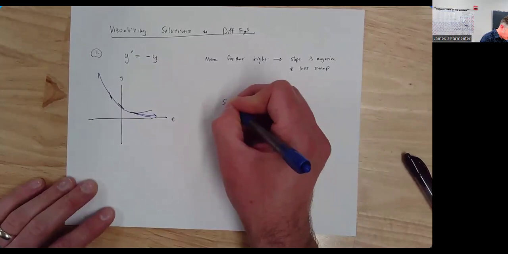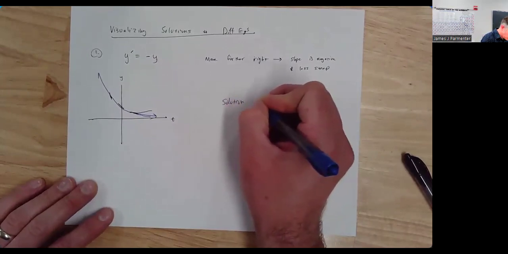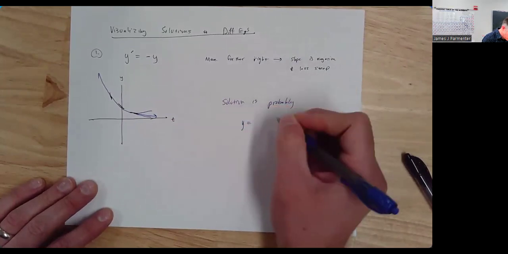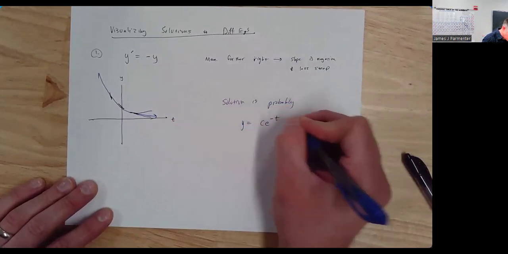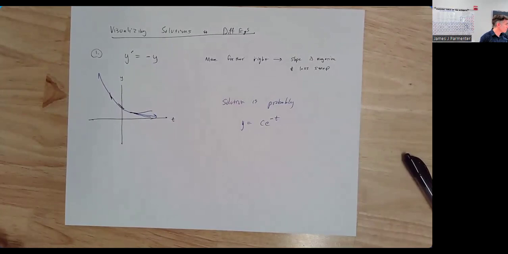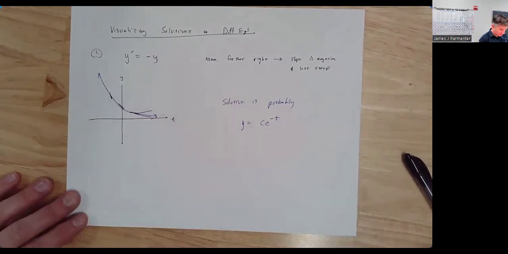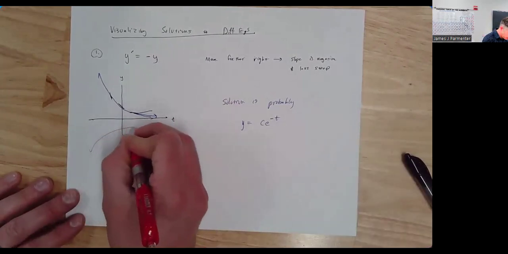The solution here is probably something like y equal to c e to the negative t, where depending on your initial condition, you might have a graph that looks like this, but alternatively, this could also be a solution.